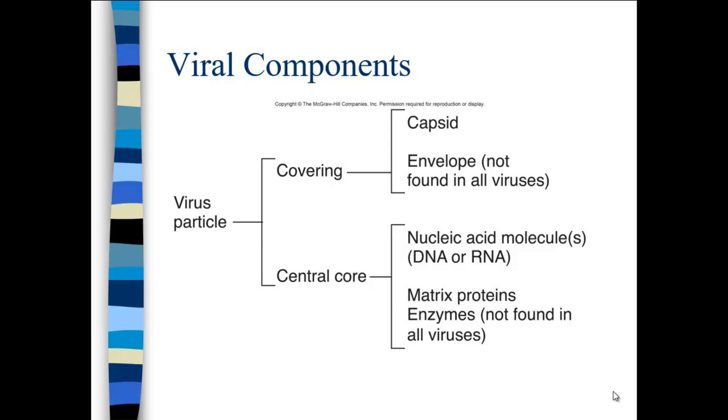There are enveloped viruses, and then there are naked viruses. The capsid and envelope protect the central core, which has nucleic acids, and can be a DNA virus or an RNA virus. The central core also has matrix proteins and some enzymes that are sometimes found in viruses. The matrix proteins function just to provide structure to the nucleic acids, and the enzymes may provide some type of metabolic function, but they tend to be rare in viruses.